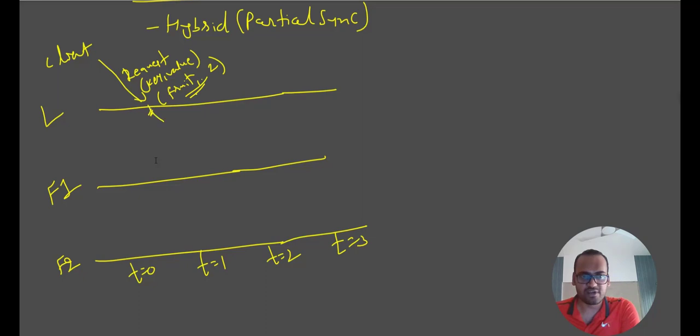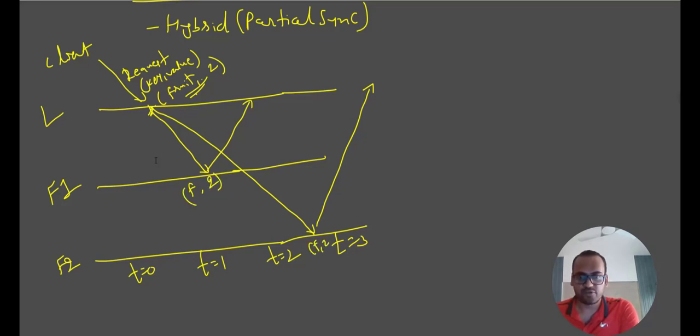Then the leader will forward this request to follower 1, and at the same time to follower 2, and it will wait for the acknowledgement somewhere here. So fruit 2 will now be written here and fruit 2 will be written here at follower 2.